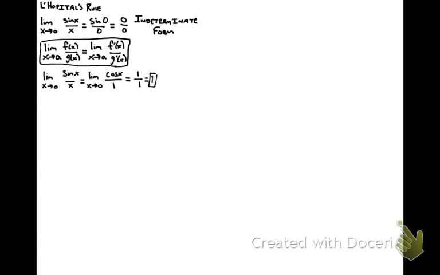The indeterminate forms are 0 over 0, infinity over infinity, infinity minus infinity, 0 times infinity, 0 to the 0 power, infinity to the 0 power, and 1 to the infinite power.